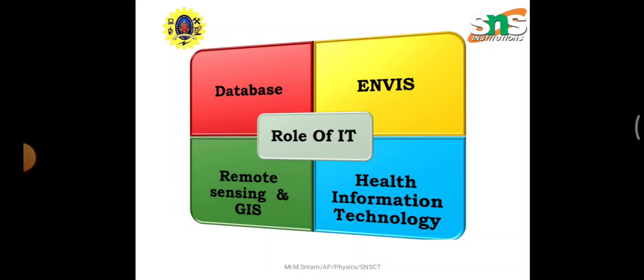The database is a collection of interrelated data on various subjects. In the computer, the information of a database is arranged in a systematic manner that is easily manageable and can be very quickly retrieved. An application of database is the Ministry of Environment and Forests and the National Management Information System, and ENVIS is the Environmental Information System.